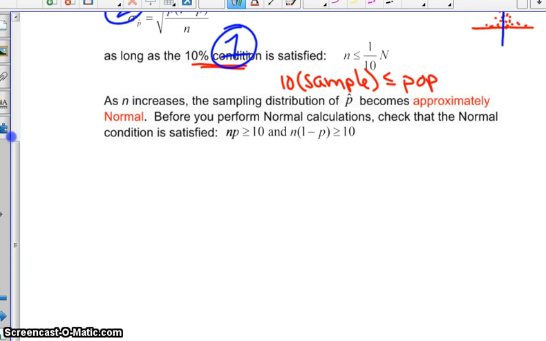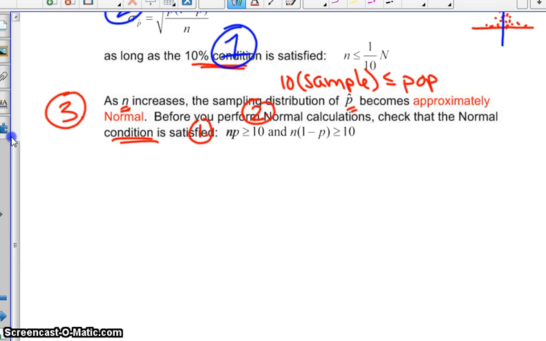The third thing, and this is the big one, this is what's going to allow us to find some probabilities. As my sample size increases, my sampling distribution of all my p hats becomes approximately normal, if the normal condition is satisfied. Same idea, I should check this first, and then I can say, hey, I can do the normal calculation.